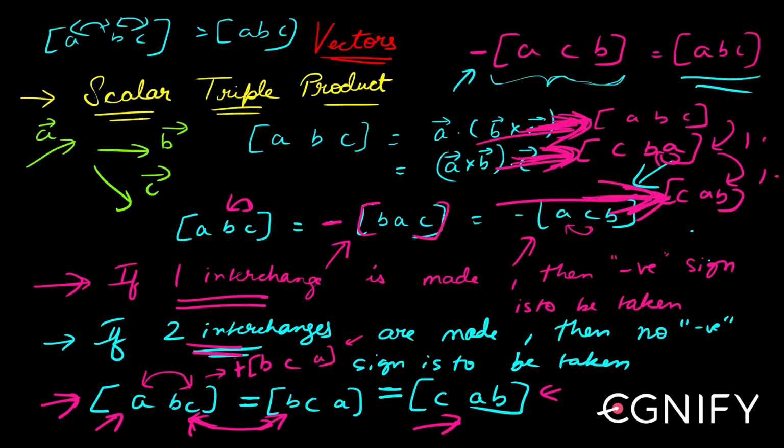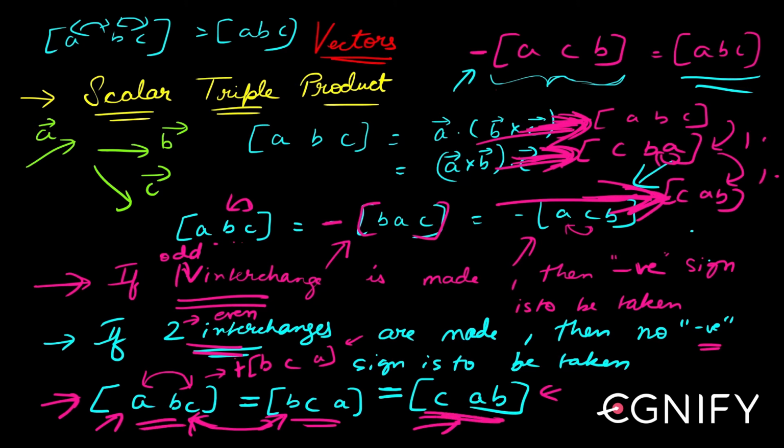In fact, instead of two, I can also write, if I make even interchanges, then there is no negative sign to be taken. And if I make odd interchanges, then there is a negative sign to be taken, right? So remember that. If you make even interchanges in this box product, then you don't have to take negative sign. The interchanged box product will be the same as the original box product.